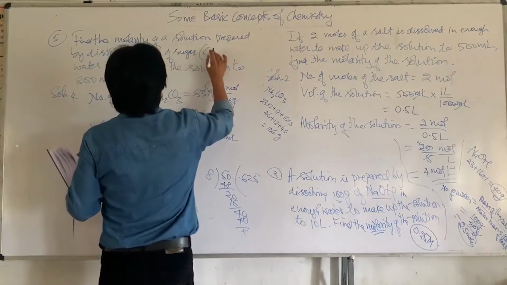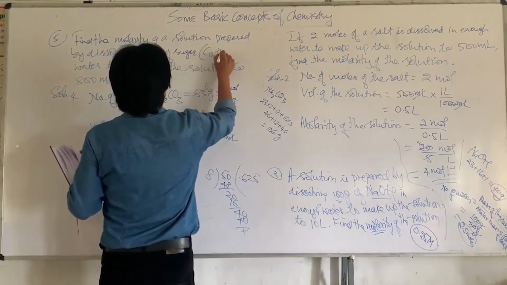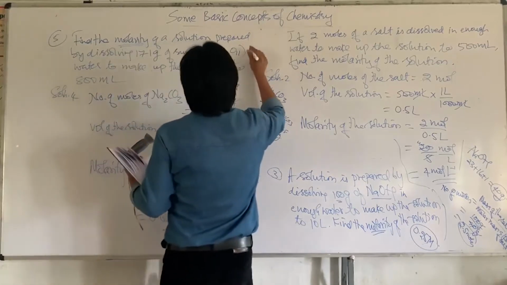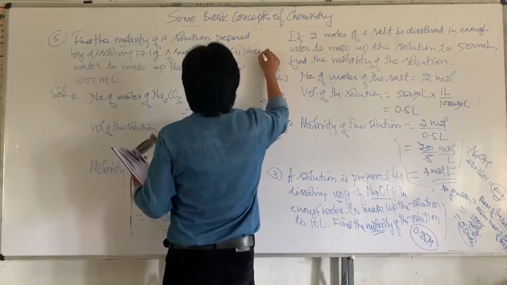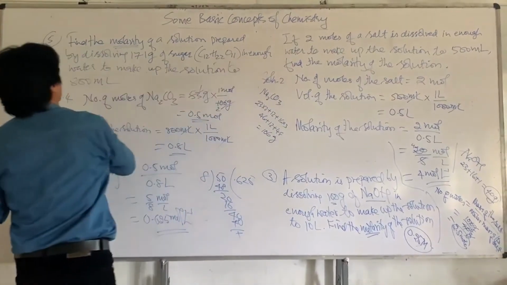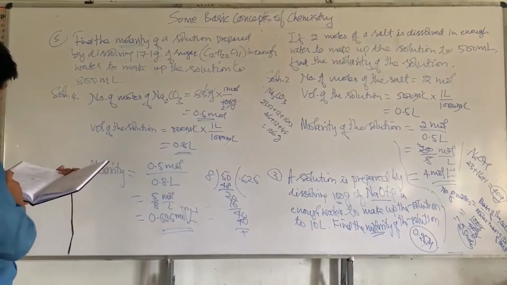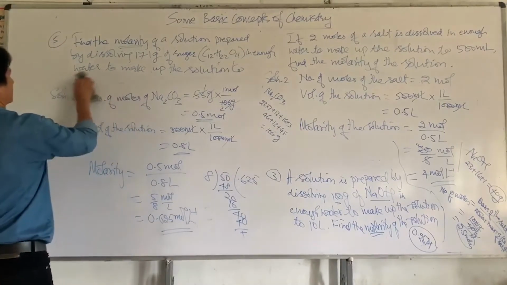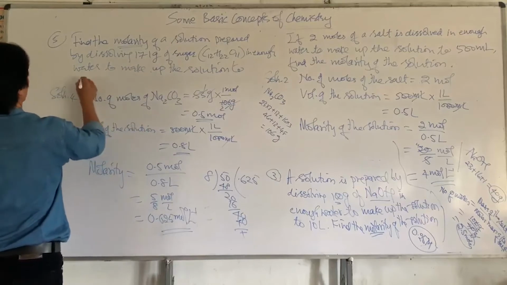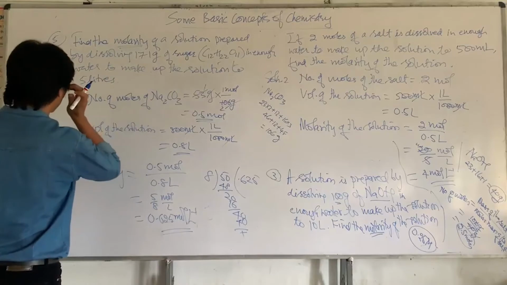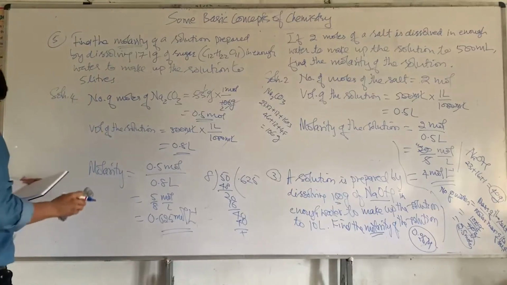Formula of sugar is C12H22O11, in enough water to make up the solution to, okay, it's 5 liters. You're given the volume in terms of liters, right? 5 liters on capital letter L. This is problem number 5 for you.